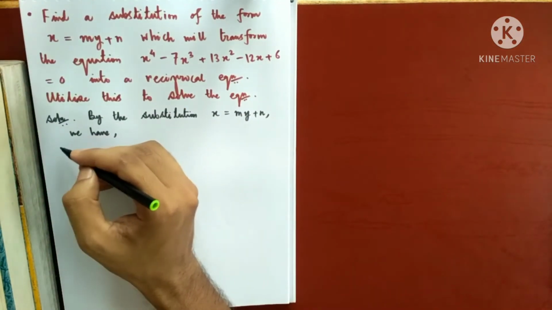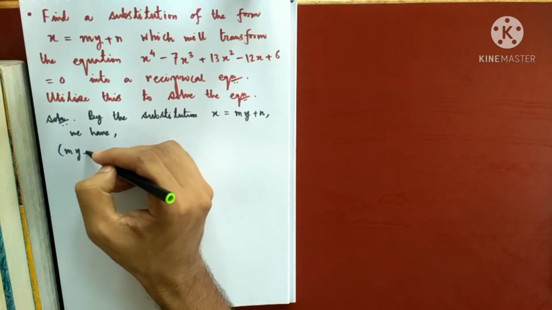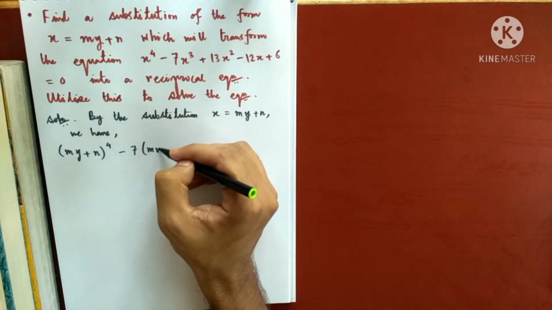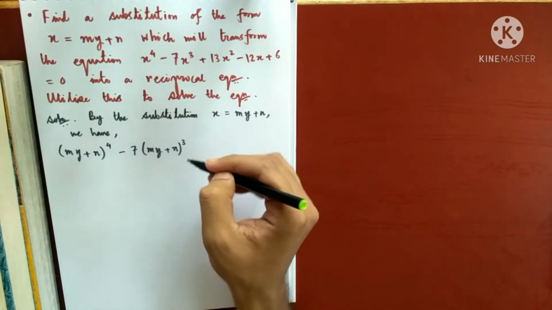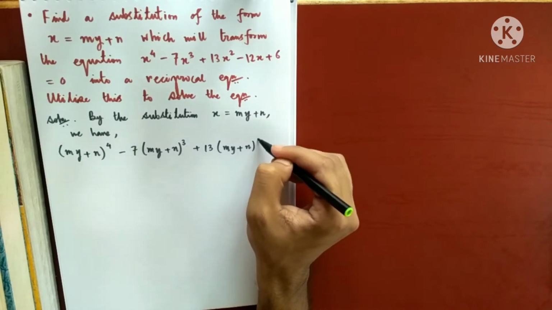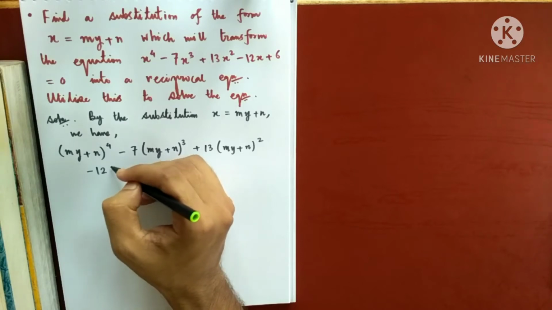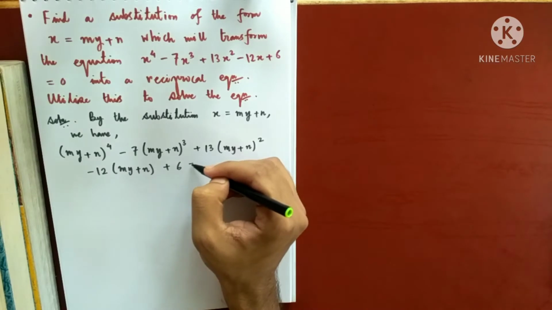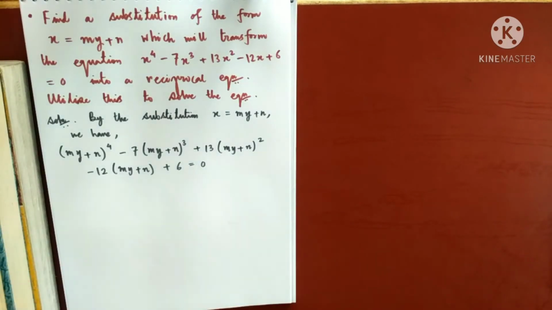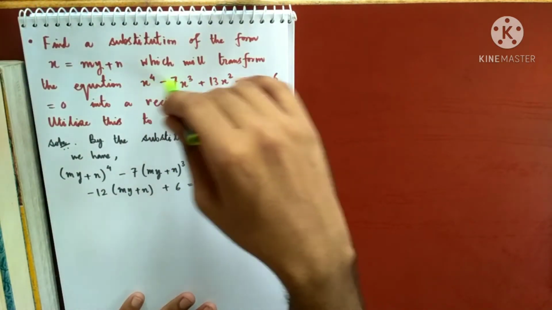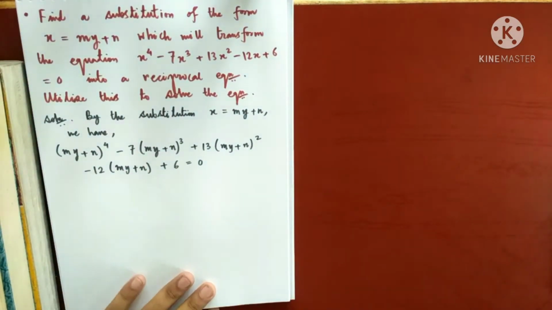That is, my plus n whole to the power 4 minus 7 my plus n whole cube plus 13 my plus n whole square minus 12 my plus n plus 6 equals 0. I have not done anything else, I've just substituted this here.